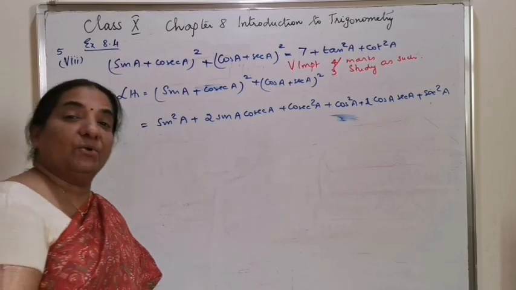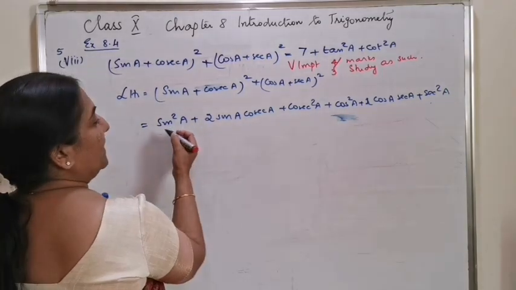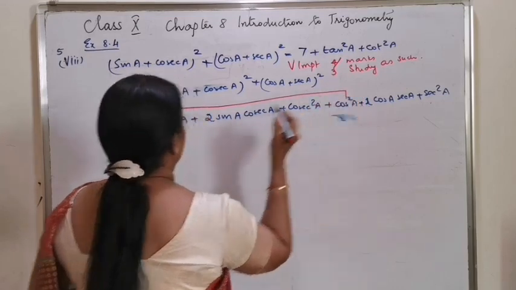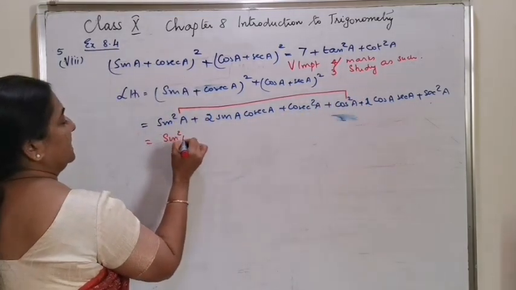Now let us group sin square A plus cos square A as the first set.